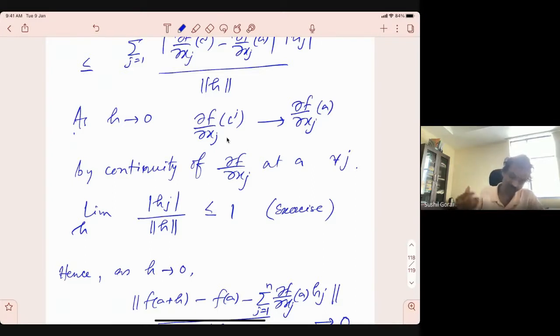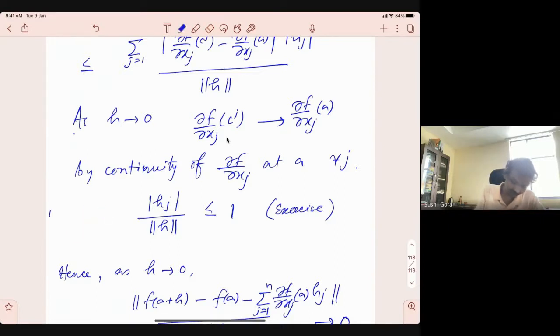But when you go other directions, let's say along h2 direction, you get limit to be 1. So limit may not exist, right?